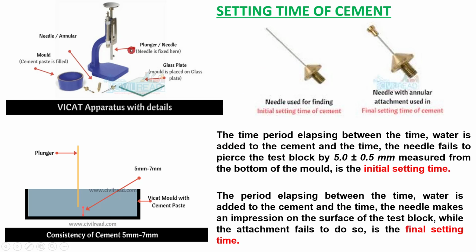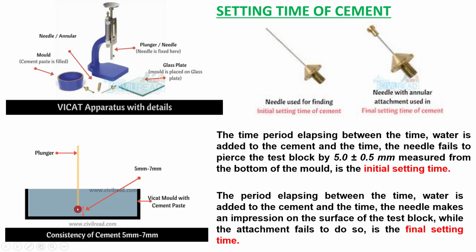First, we will use this needle and fix it here, and we will remove this lock. So this plunger will go into the mold. When you do it at the instant, the plunger needle will touch the bottom. When you repeat the process at different places, as the time passes, maybe after around 30 minutes or more, the bottom portion may get set.